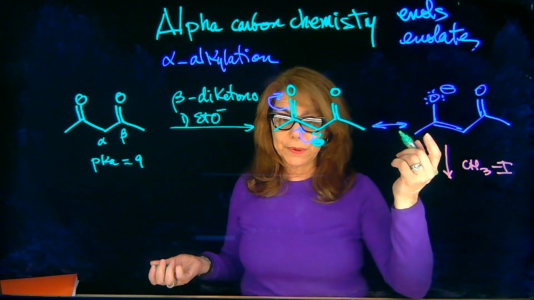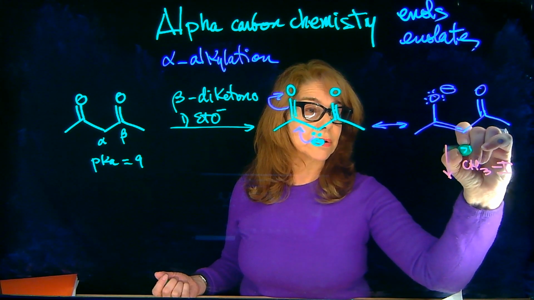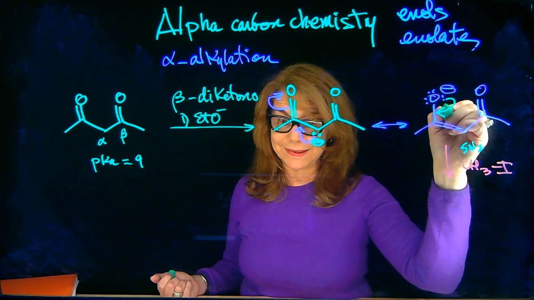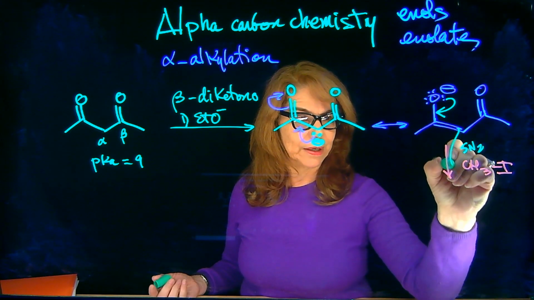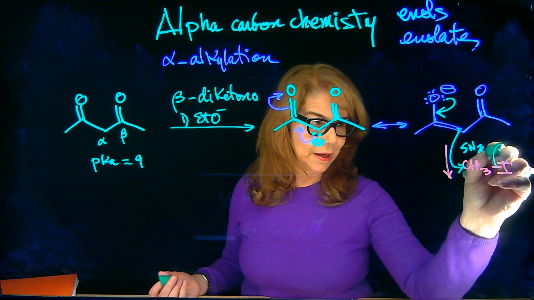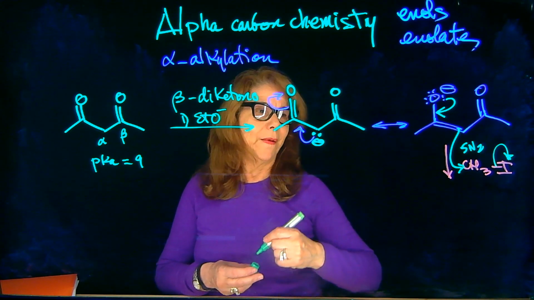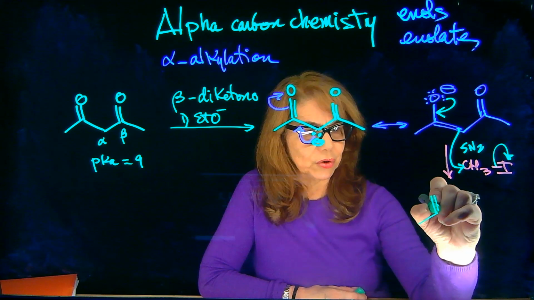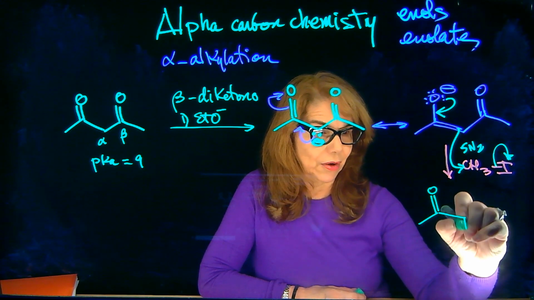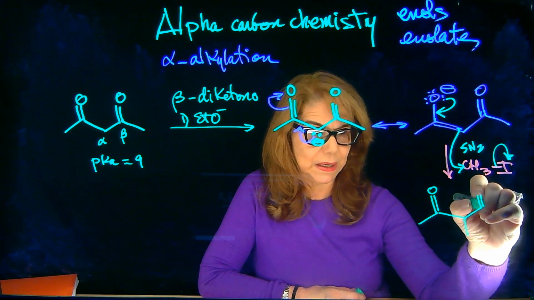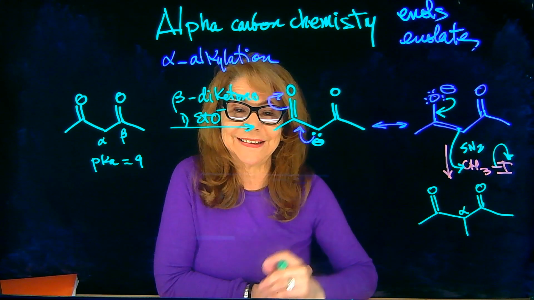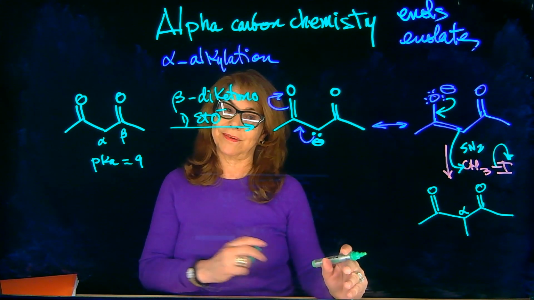So now I'm going to do an SN2 reaction, which is I'm going to form the double bond here, I'm going to attack this carbon, and iodide will depart. So my alkylation product is now, I have a double bond here, and now I have introduced a methyl group at the alpha position. So that is an alpha alkylation product.